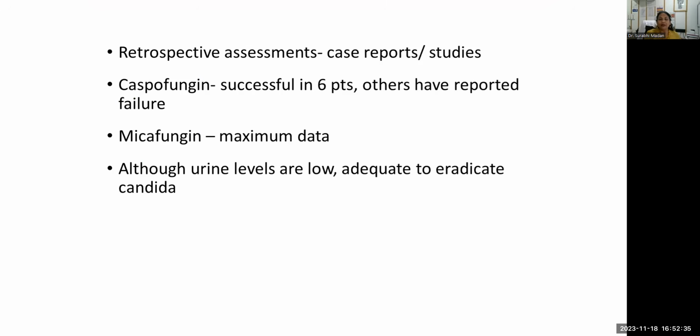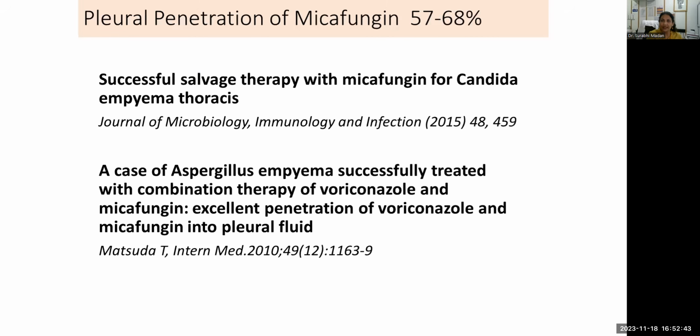So micafungin is better than caspofungin and anidulafungin as per these reports. Although the urine levels are low, they have been found adequate to eradicate Candida. And similarly, micafungin is one echinocandin which has an edge over the other echinocandins when it comes to the pleural penetration as well.